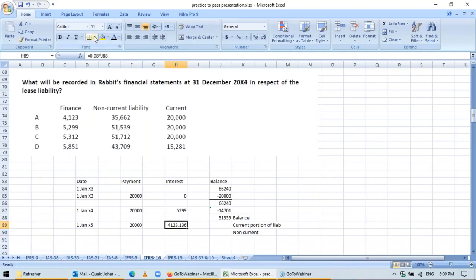This interest is for the year 2004. So if we see what principal amount is being paid, 20,000 minus 4123. This is the principal amount. So the rest amount is the non-current liability.